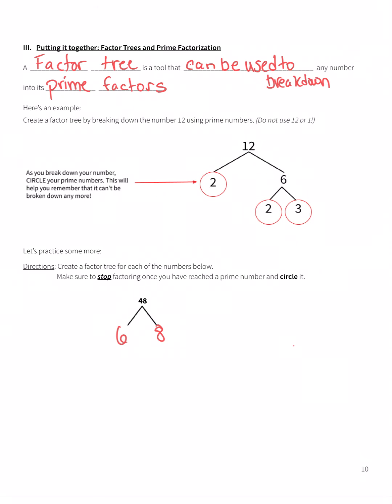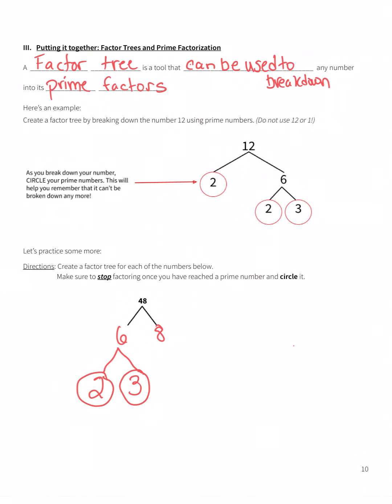Now I think to myself, is this a prime factor? Nope, because 2 times 3 is equal to 6. Now I look at both of these numbers. Are either one of these prime? Yes, they are both prime numbers, so that means I have to circle them.